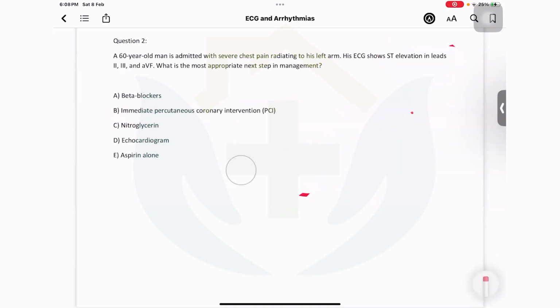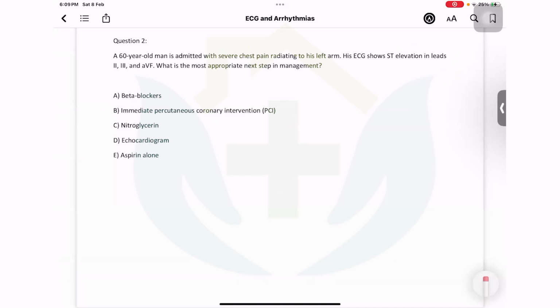A 60-year-old man is admitted with severe chest pain radiating to his left arm. His ECG shows ST elevation in leads 2, 3 and aVF. So what do you make of it? The inferior wall MI.